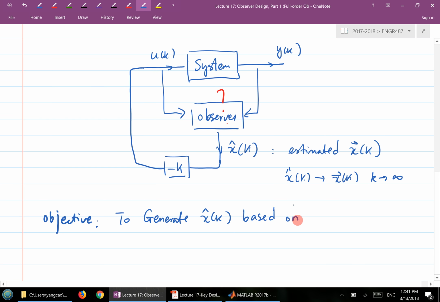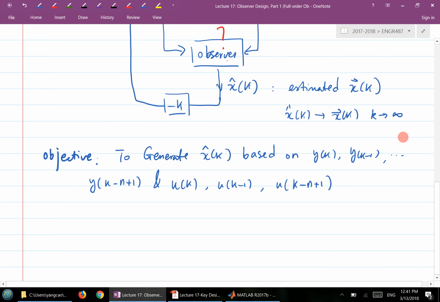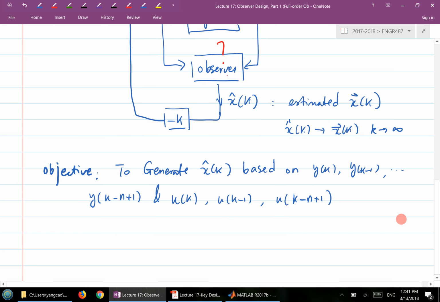It is based not just on the current y of k and u of k, but actually on y of k minus 1, up to y of k minus n plus 1, basically n steps. And the control signal also includes the past control signals. So that's the idea.